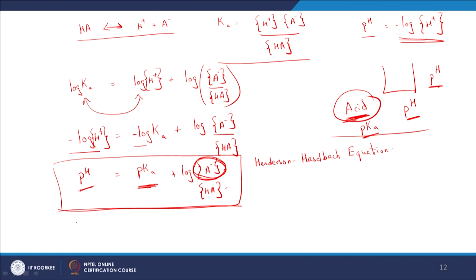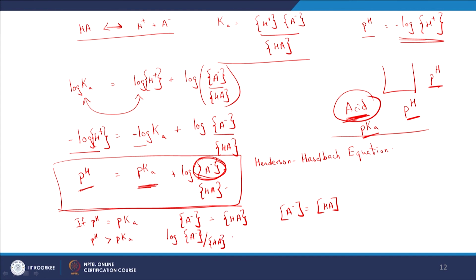So, what does this mean though? If pH is equal to pKa, what does that mean? The activity of the conjugate or deprotonated form is going to be equal to the activity of your acid, and if I approximate it by concentrations, A minus equals HA. If pH is greater than pKa, it means the log of activity of A minus by activity of HA is greater than 0.